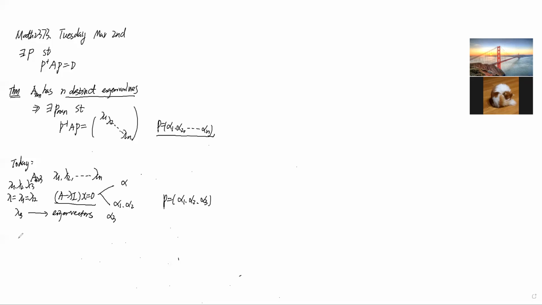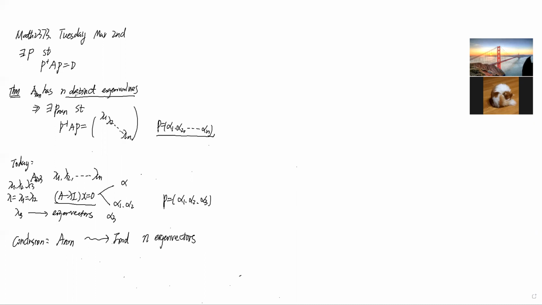So finally, the conclusion is like this. When is a matrix diagonalizable? For an n by n matrix, you have to find n eigenvectors.